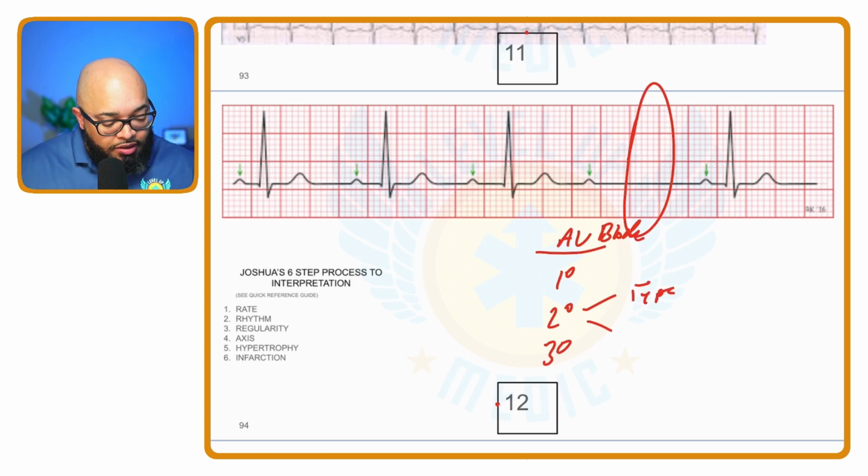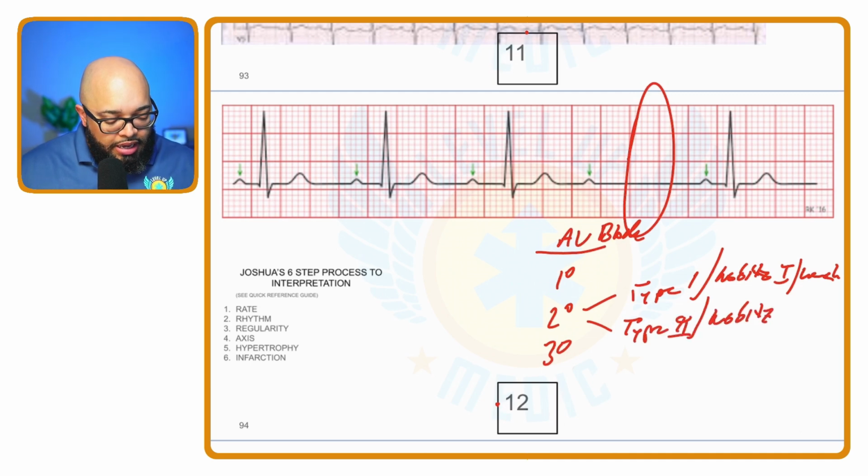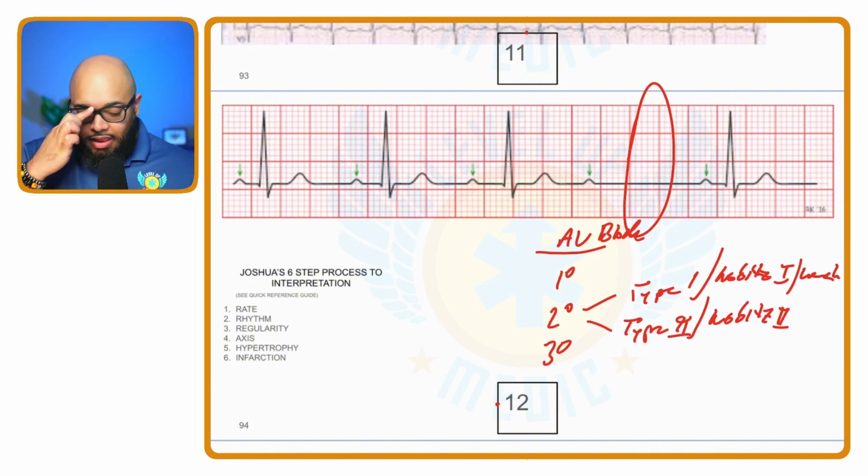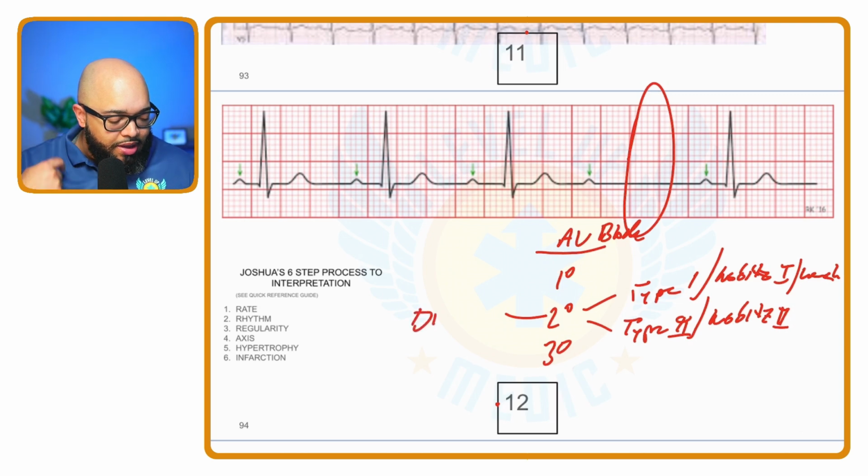There's a type 1, called second degree type 1, also known as Mobitz 1, also known as Wenckebach block, right? Okay, and then we also have a second degree type 2, also known as Mobitz 2, and no other name. So it's either first degree, second degree type 1, second degree type 2, or third degree. But what we know is in both of the second degrees, that's where we have a dropped beat.